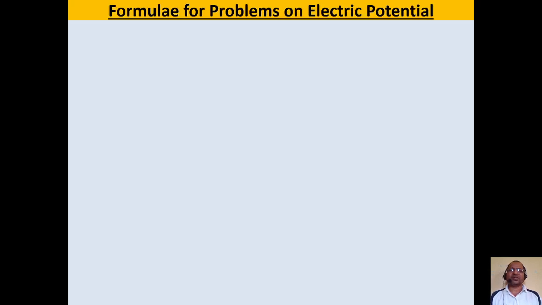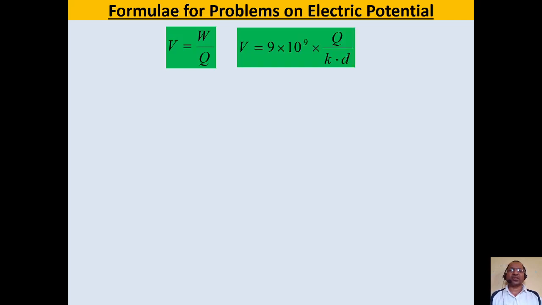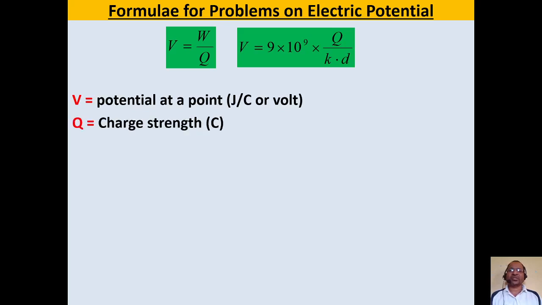Now let us solve certain problems based on electric potential. The formulae required for this are V is equal to W upon Q, and V is equal to 9 into 10 raised to 9 Q upon Kd. Here V is potential at a point, its unit is joule per coulomb or volt. Q is charge strength measured in coulomb. If it is in micro coulomb, multiply by 10 raised to minus 6.